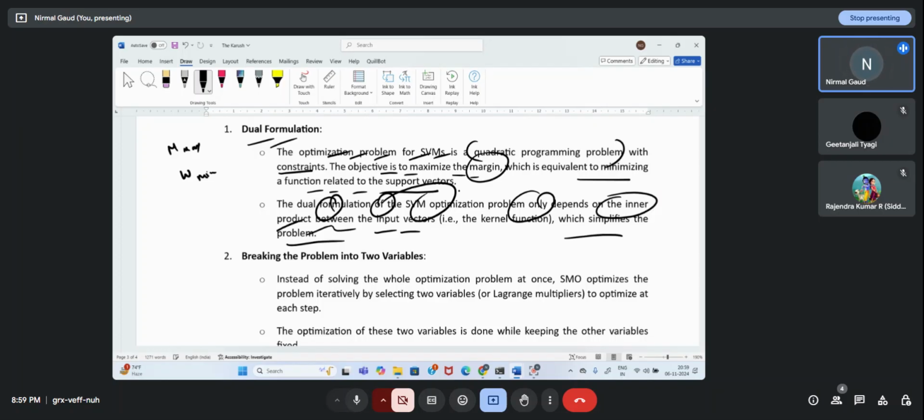The optimization depends on the inner product between the input vectors. We need to perform the inner product. I would say it will be like a dot product.